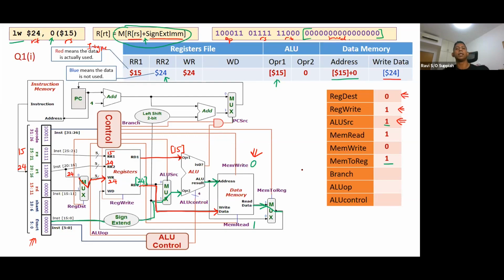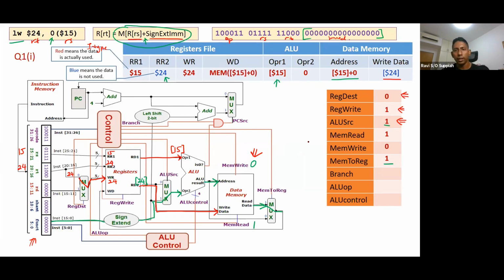So even though something appears on the data bus, the control signal will tell us that we are not doing any memory write at this time. So nothing will be written to the memory. Okay, but it will still appear there. Some data from register 24 will still appear there, but we are not going to be writing anything to the memory location. This is a load word instruction, so we're only going to be reading data from the memory.